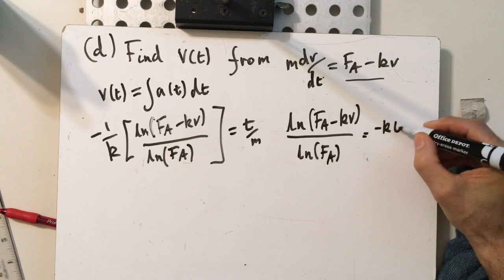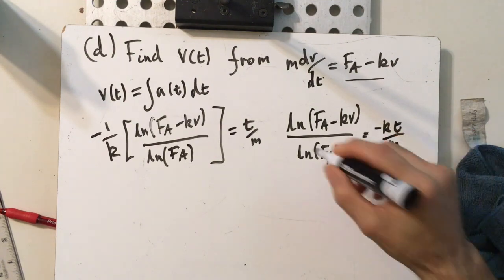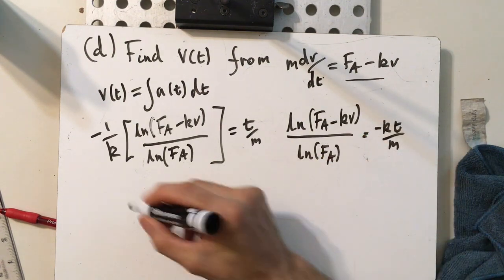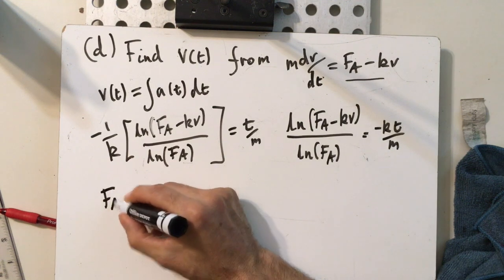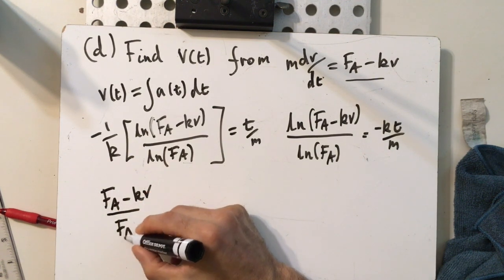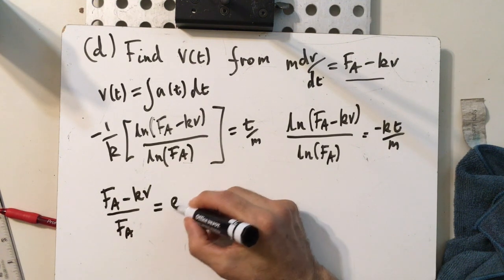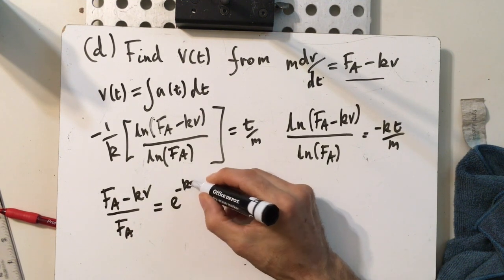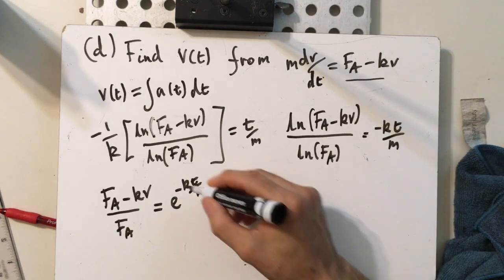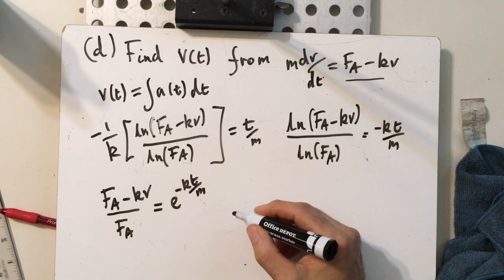Negative kt over m. Now we exponentiate everything because we have natural log here, and we get this on the left side and our exponential function here on the right side. This is negative kt over m.